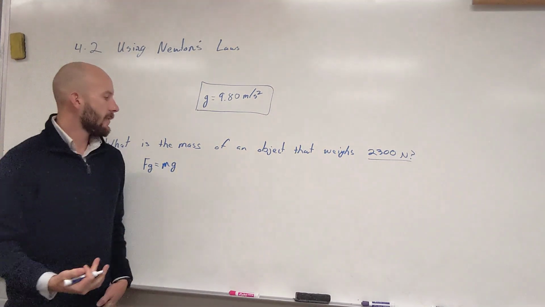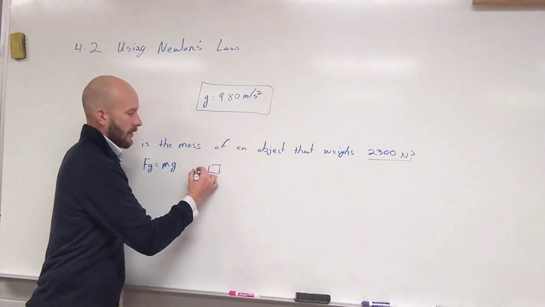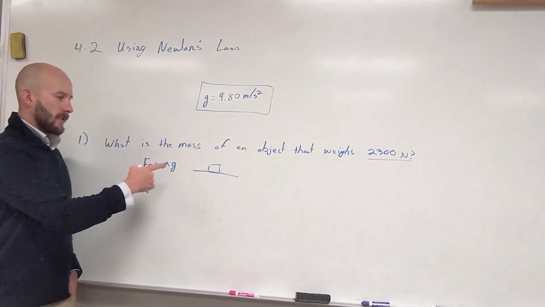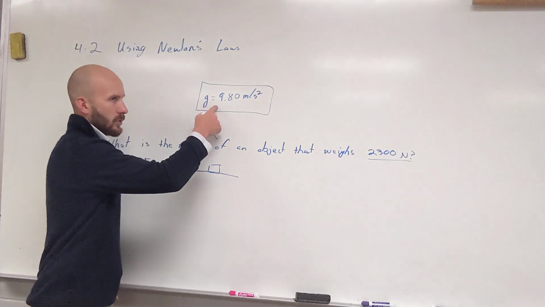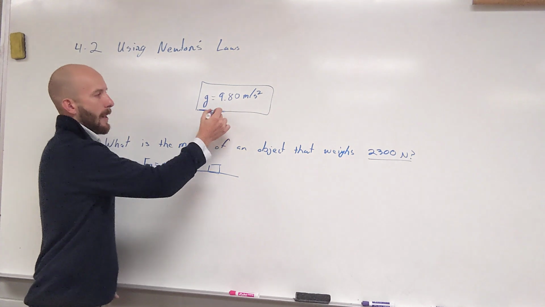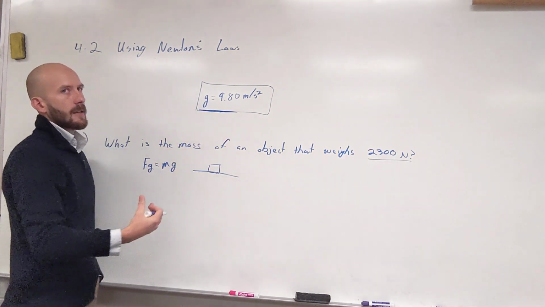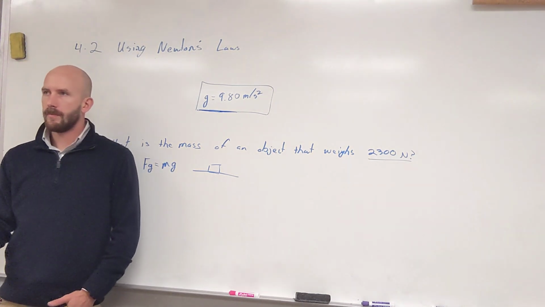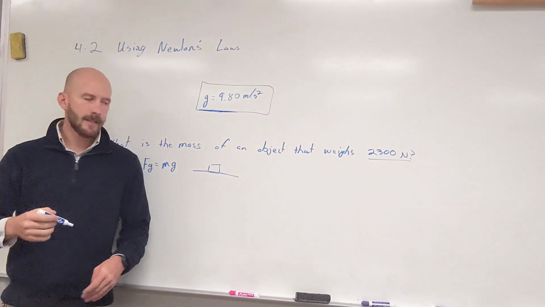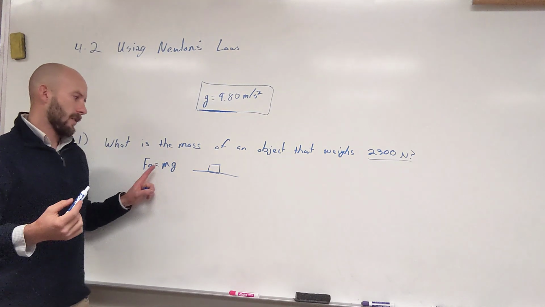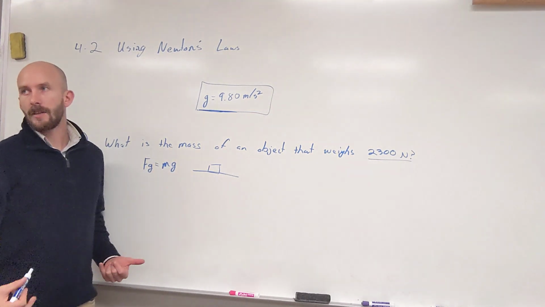Even if this object is sitting on the floor, not moving, we still use this g, the acceleration due to gravity. It may seem confusing, but this is really an indicator of the strength of Earth's gravitational field. Even if an object isn't accelerating at that rate, it's still indicative of the force acting on it.